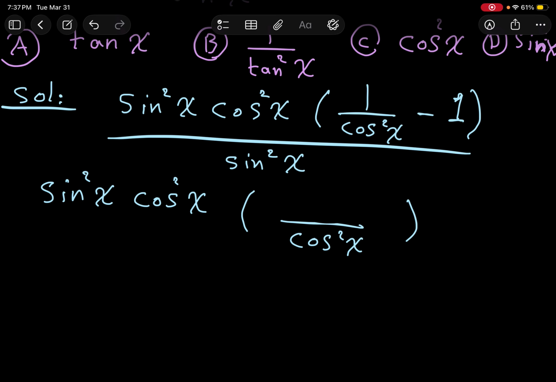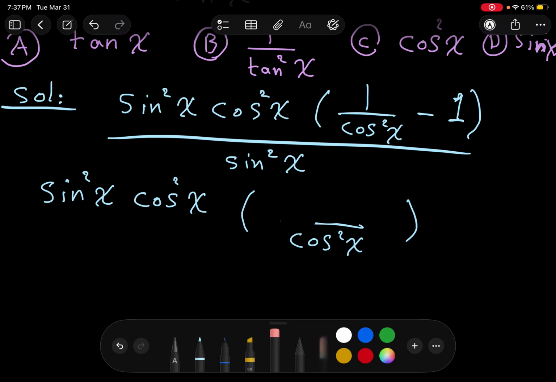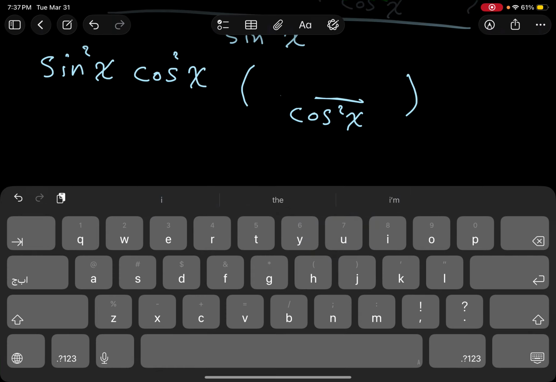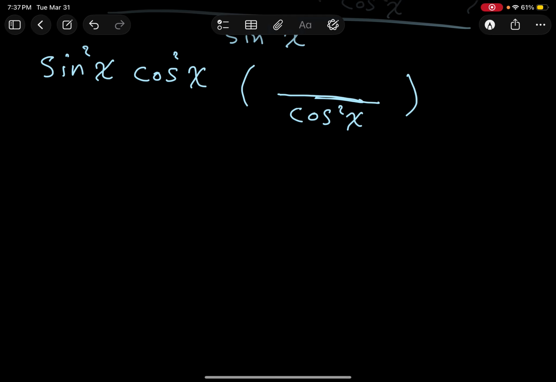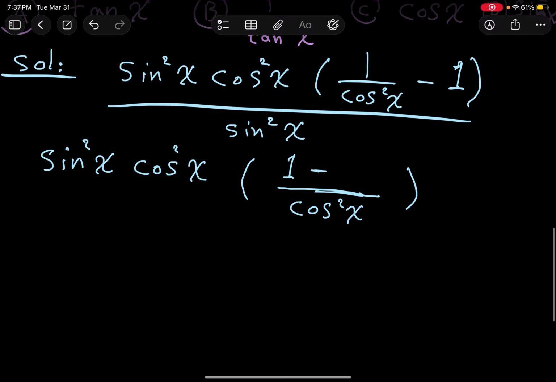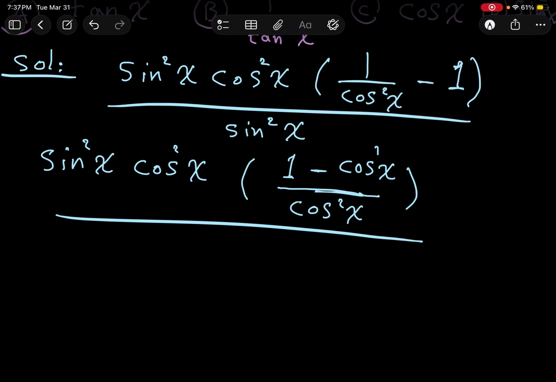So we have 1 minus cosine square x over cosine square x, over sine square x.